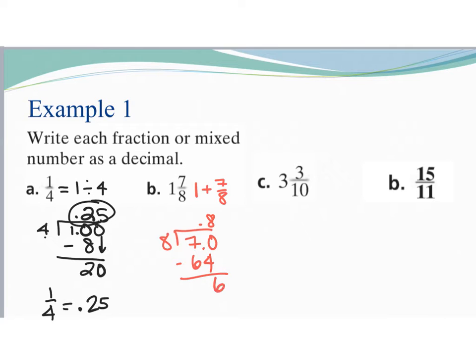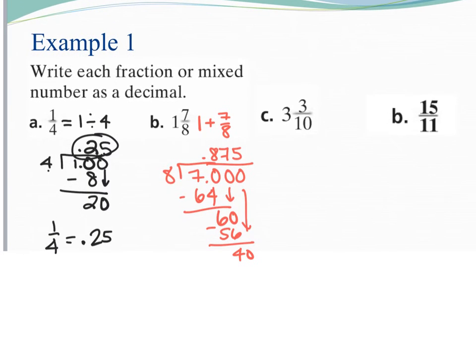I subtract these, I bring down my 0, which gives me 60, 8 goes into 60 7 times, which will give me 56, and I have 4, bring down another 0, and I get 40, and 8 goes in there 5 times. So to write 1 7/8 as a decimal, my answer is 1.875, because I have to then go and add the 1.